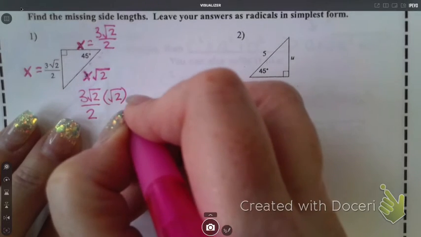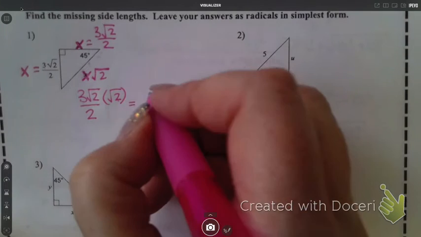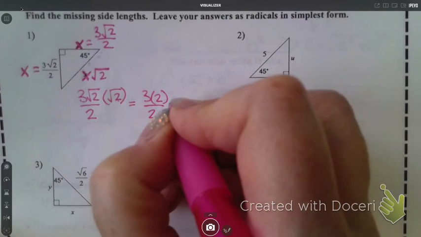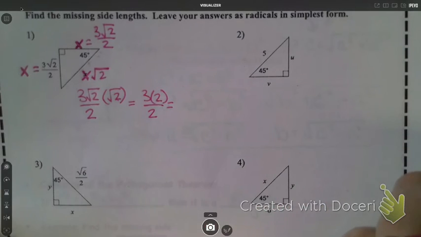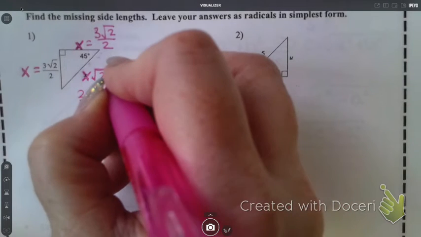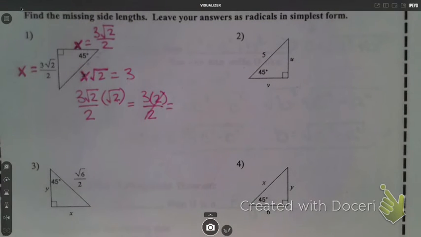So what's the square root of 2 times the square root of 2? 2. So I have 3 times 2 divided by 2 is what? 6. No, 3. Oh, because the 2s would cancel. They would reduce, yes. You were going too fast for my brain. I thought we were still multiplying. Okay, but I'm not going to multiply things out if I can reduce them, because then we forget to reduce, right?